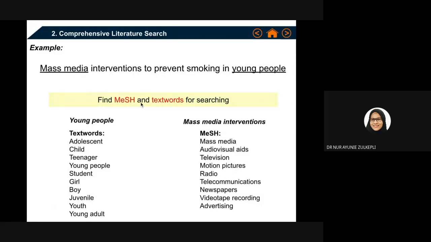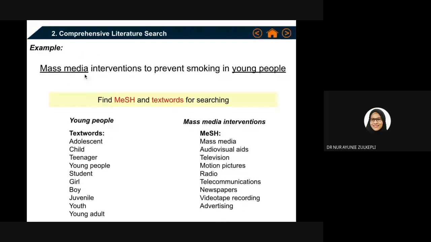So find MeSH and text words for searching. MeSH is usually in PubMed. For young people, when you want to use text words, young people could be adolescent, child, teenager, young people, student, girl, boy, juvenile, youth, young adult. And MeSH usually generates a thesaurus for mass media intervention, for example, mass media, audiovisual aid, television, motion pictures, radio, telecommunication, newspapers, videotape recording, right?